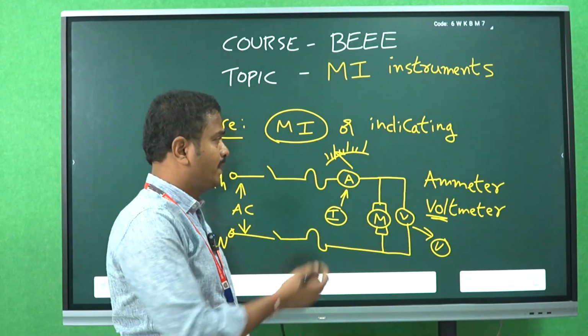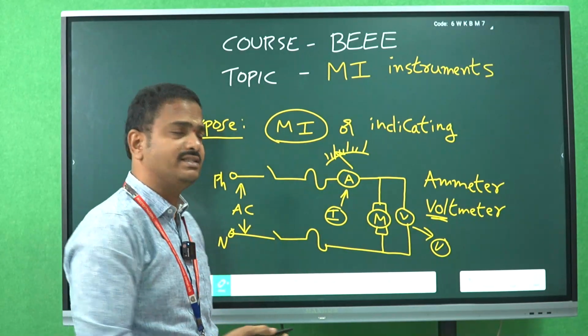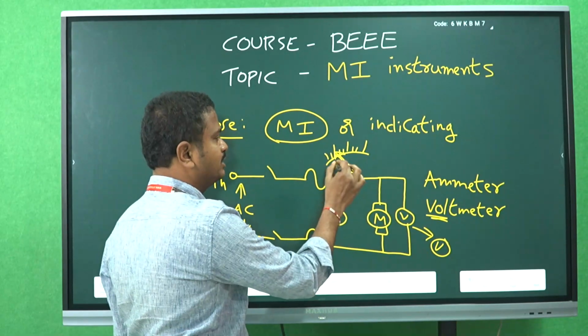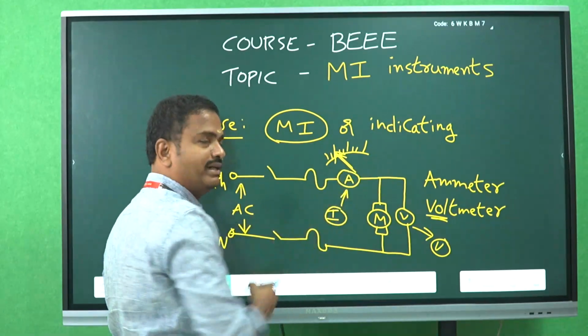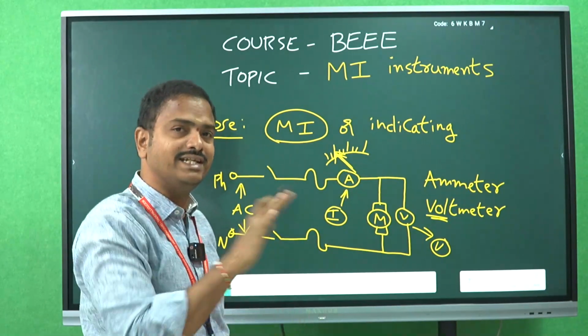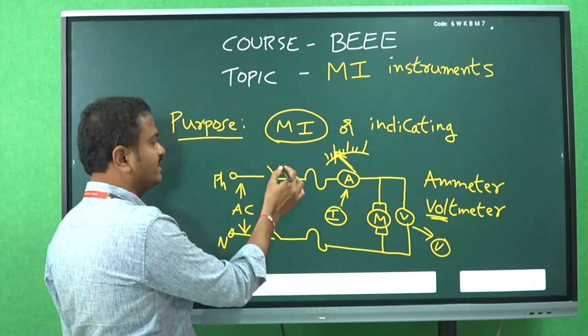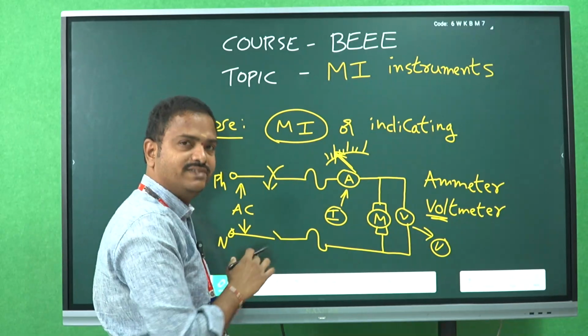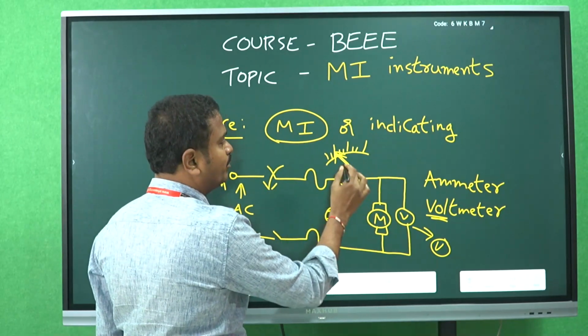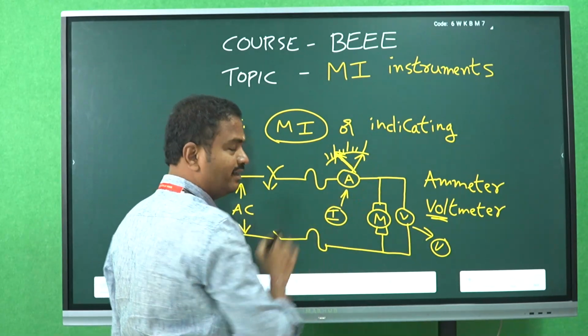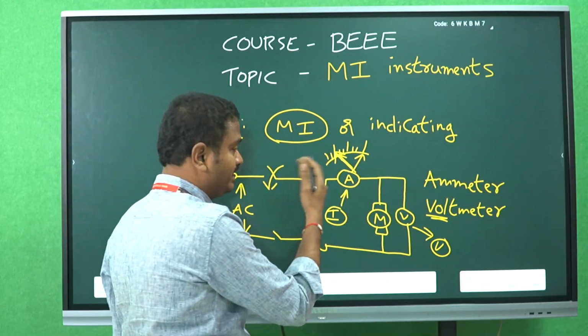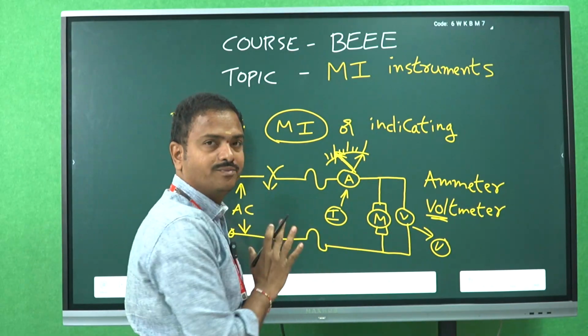These indicating instruments use a pointer which moves on a calibrated scale to represent the value instantaneously. That means if the switch is closed, that means the supply is switched on, then only the pointer indicates the instantaneous value in the circuit.